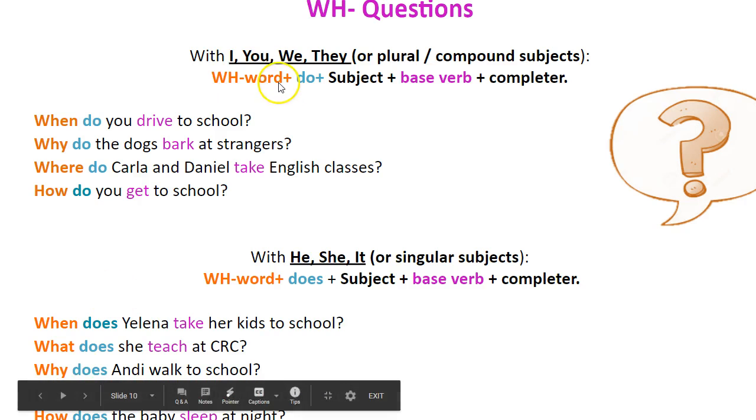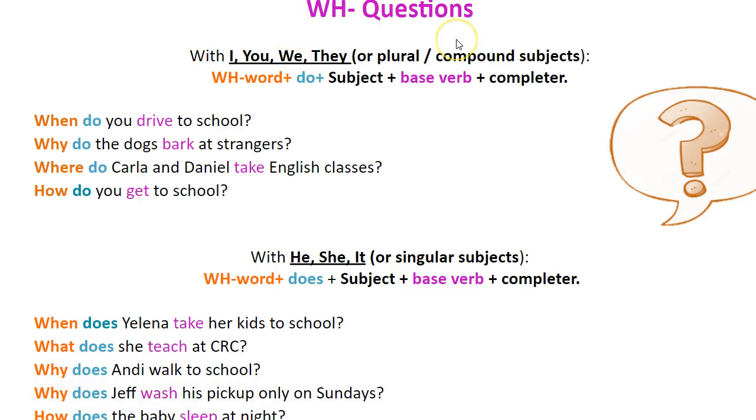Now, those were yes/no questions. We also have WH questions when you want to get more specific information. So with WH questions, if the subject is I, you, we, or they, or plural compound subjects, you should have your WH word or question word plus do, the subject, the base verb, and a completer.